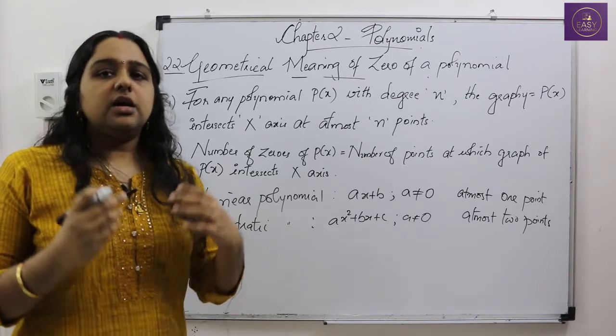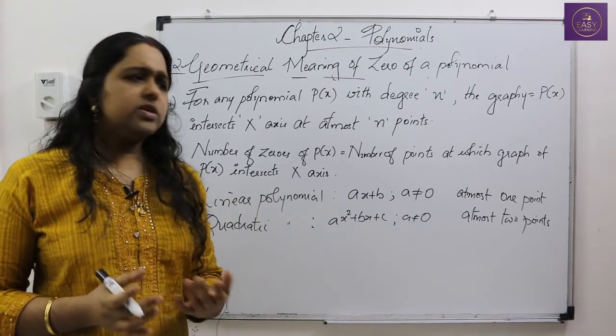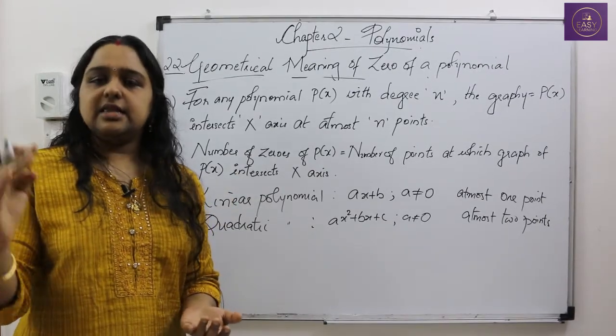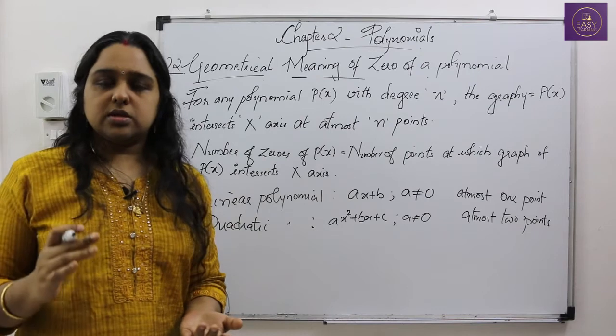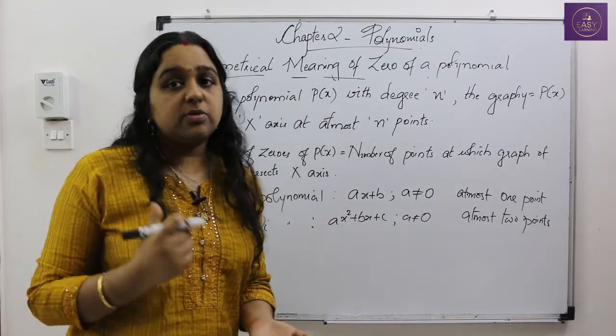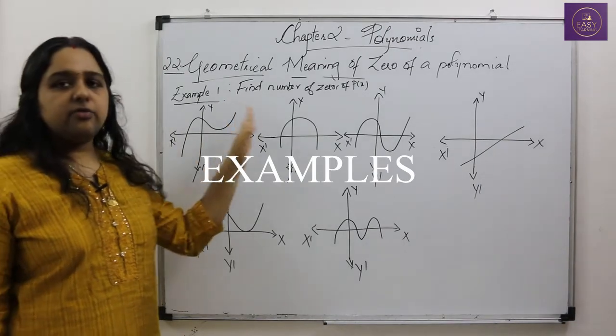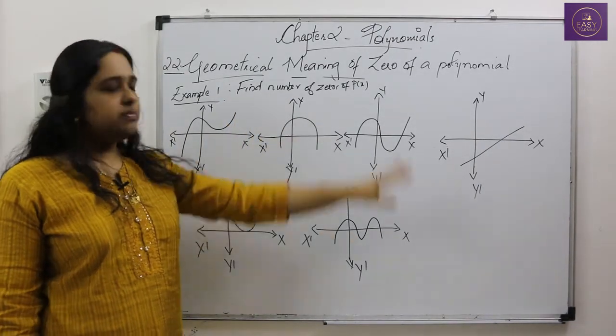We need to find just how many zeros will be there. Just looking at the graph itself, we can identify how many points it is cutting the x-axis. Then it will be the number of zeros. Let's do some problems. This is example 1 in your textbook. We need to find the number of zeros of this p of x.